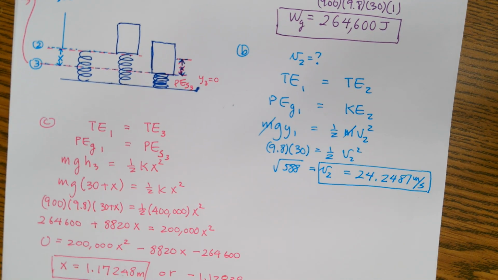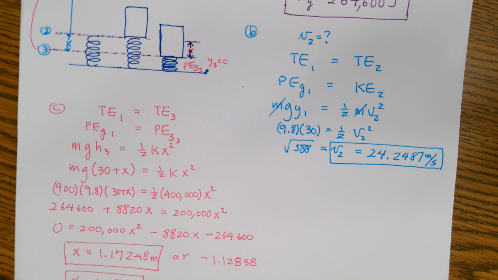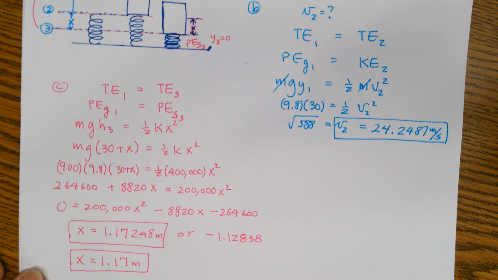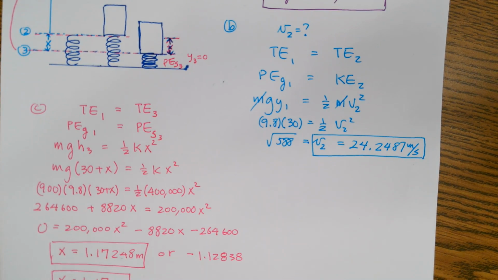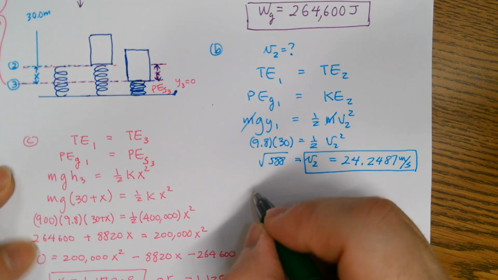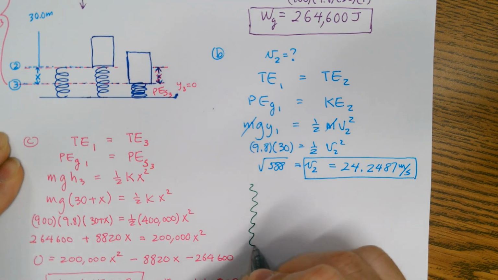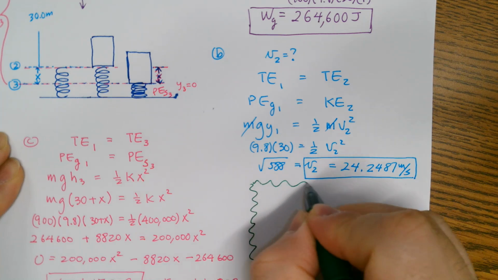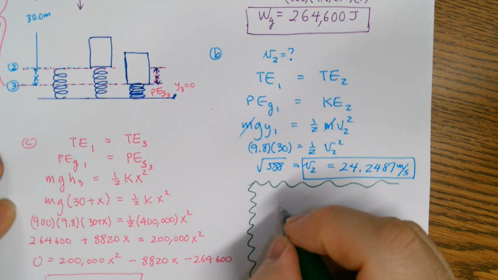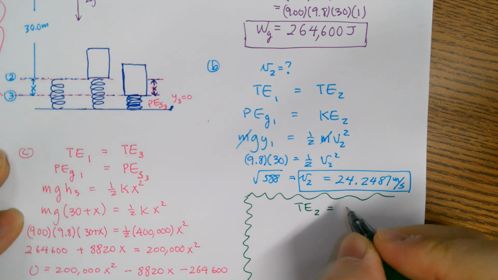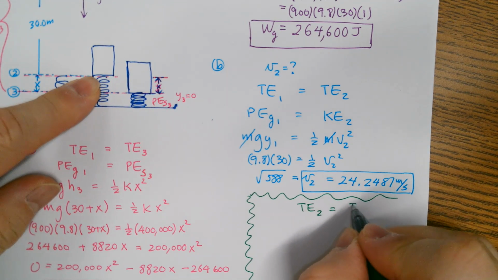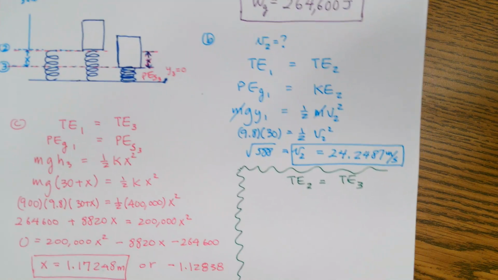All right. So, alternative method: instead of considering 1 and 3, we could have considered total energy at 2 is equal to total energy at 3. I'll just set it up for you.